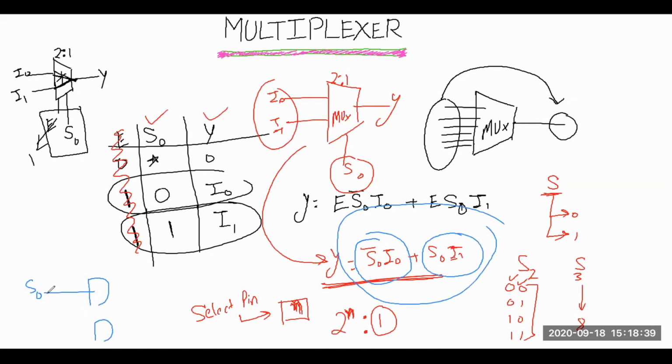In one I will give it directly, in another I will take its complement. For the complement I need I0, and without complement I need I1. So this will be S0 into I1, and this will be S0 bar into I0. Then I need to do an OR operation between these two. This will be my expression of Y, which is this.